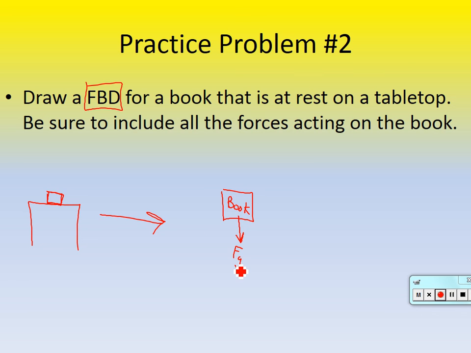Now, we know the book is not moving down, so there must be a force counteracting or balancing it. What is it? The normal force. And guys, the length of these two vector arrows should be what? Equal, because the book's not moving. Are there any forces acting left and right here, Jason, on this book? No, it's just sitting there. That's your free body diagram for a book on a table.